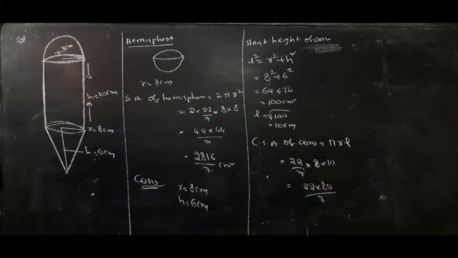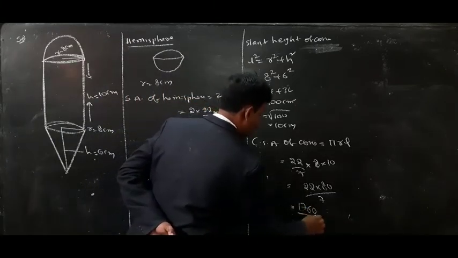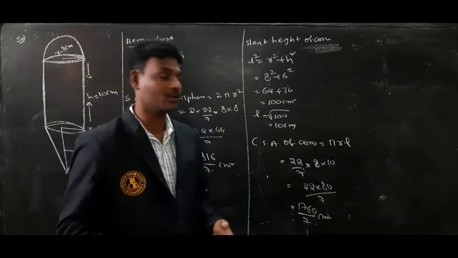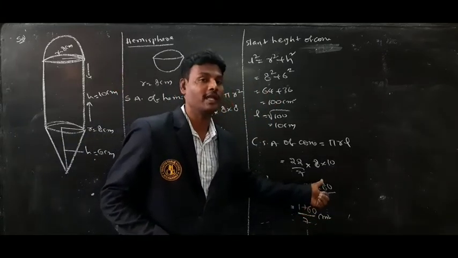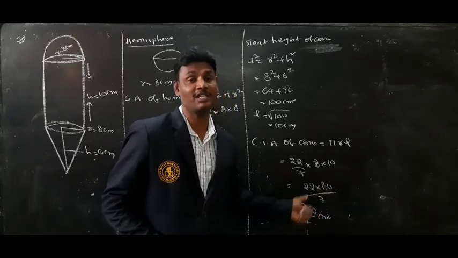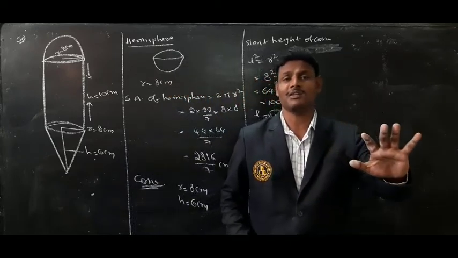That is nothing but 1760 by 7 centimeters square. So the curved surface area of the cone is 1760 by 7 centimeters square. So here I completed the curved surface area of the cone.